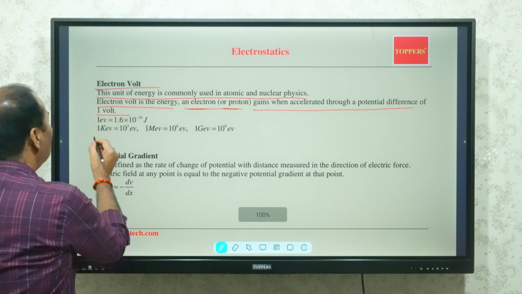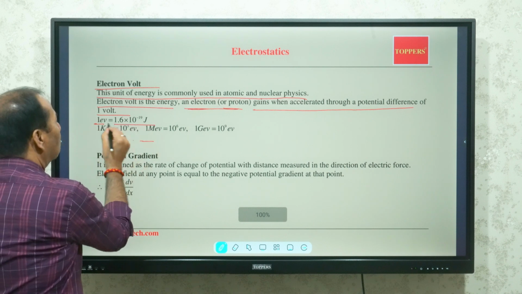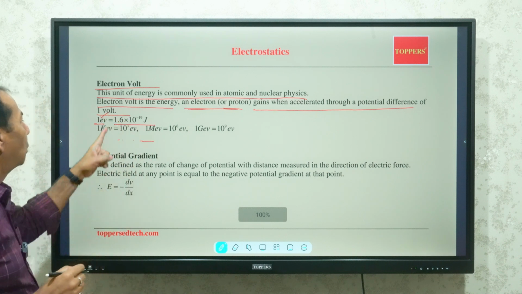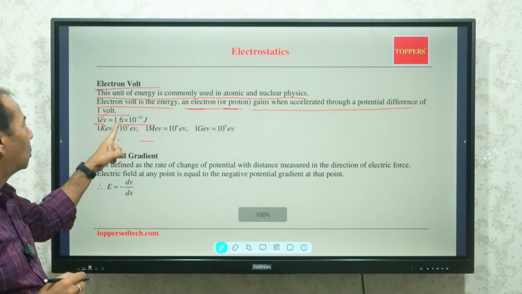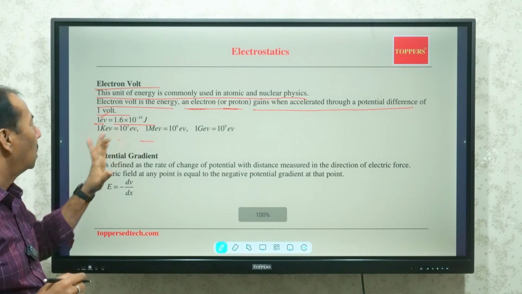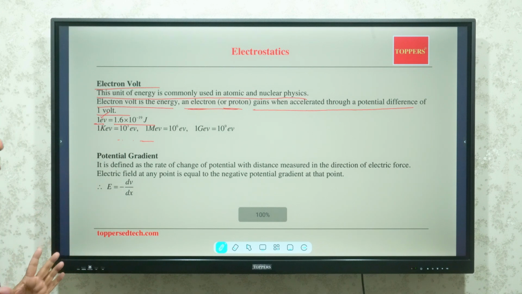So 1 electron volt is equal to how much? The charge on an electron is 1.6 into 10 power minus 19, so 1 electron volt is 1.6 into 10 power minus 19 joule.